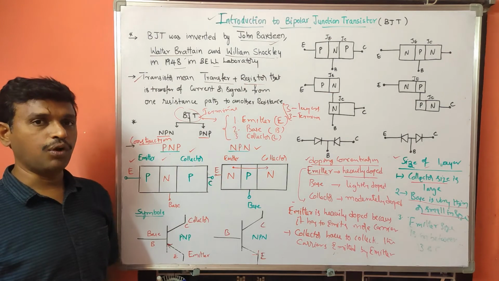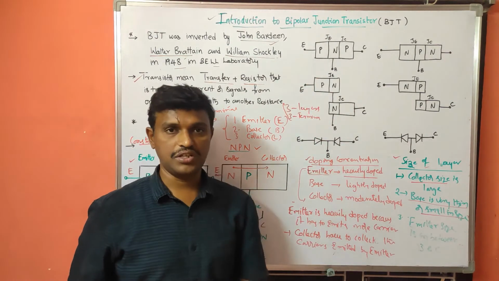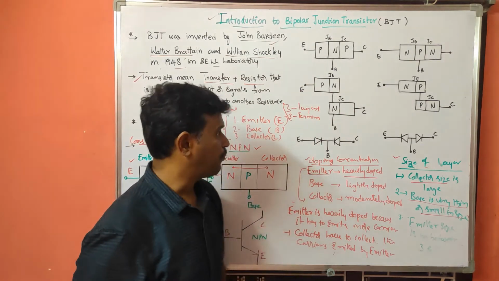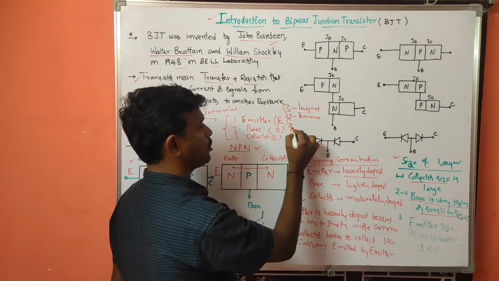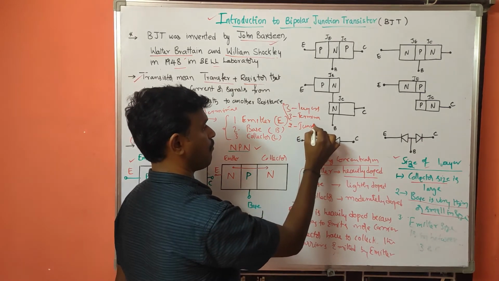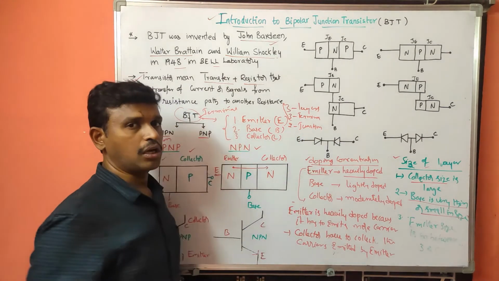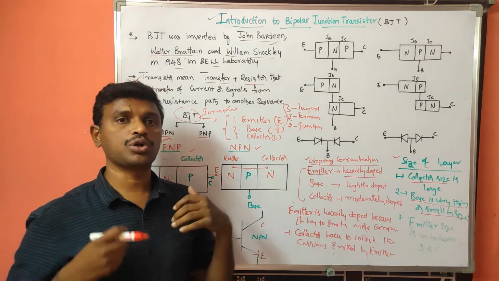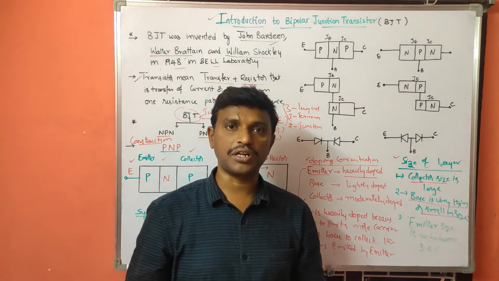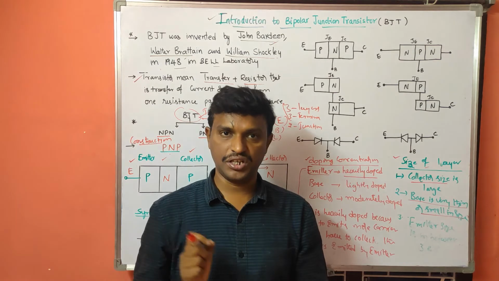Now the final topic is the junctions. The transistor has 2 junctions. What are those 2 junctions? The emitter junction and the collector junction.